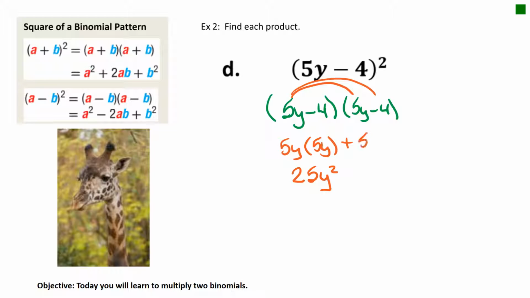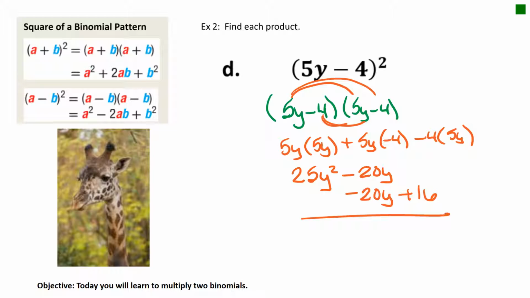A positive 5y times a negative 4 is minus 20y. A negative 4 times a positive 5y is minus 20y. And negative 4 times negative 4 is positive 16. Add them up, you get 25y squared minus 40y plus 16.